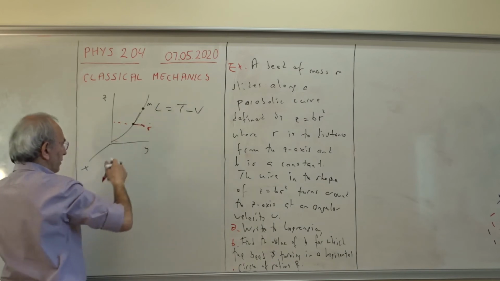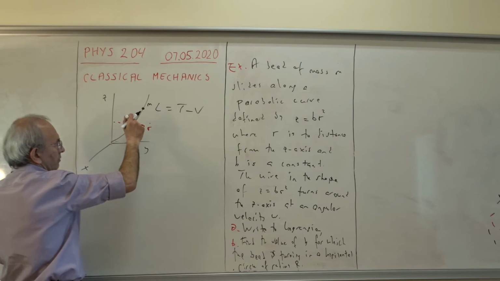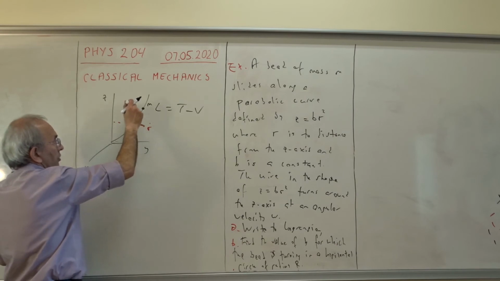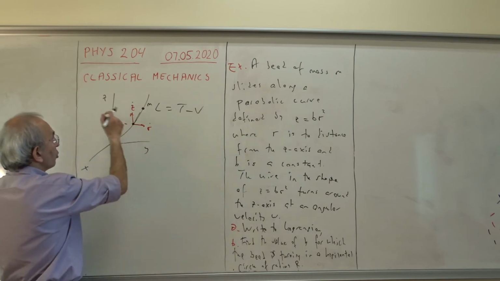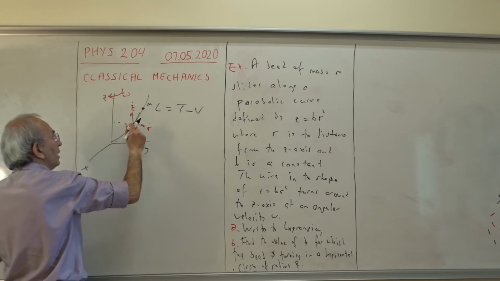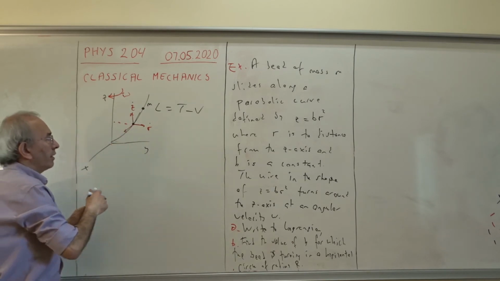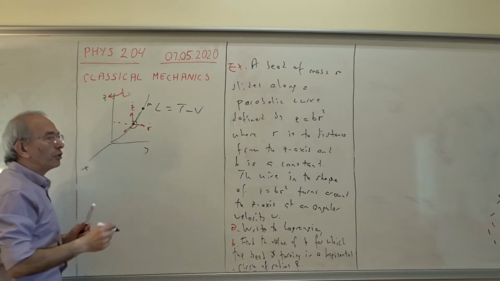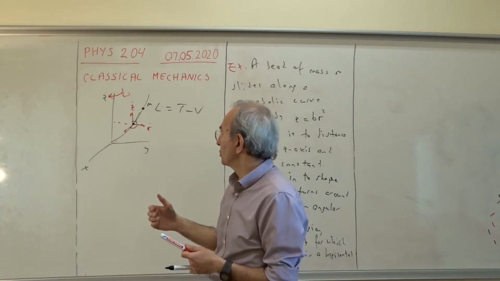Also, it may have some vertical velocity in the z direction. And because of this rotation, with this omega, it may have a velocity in this direction, and these are mutually perpendicular, because these axes are two by two perpendicular.